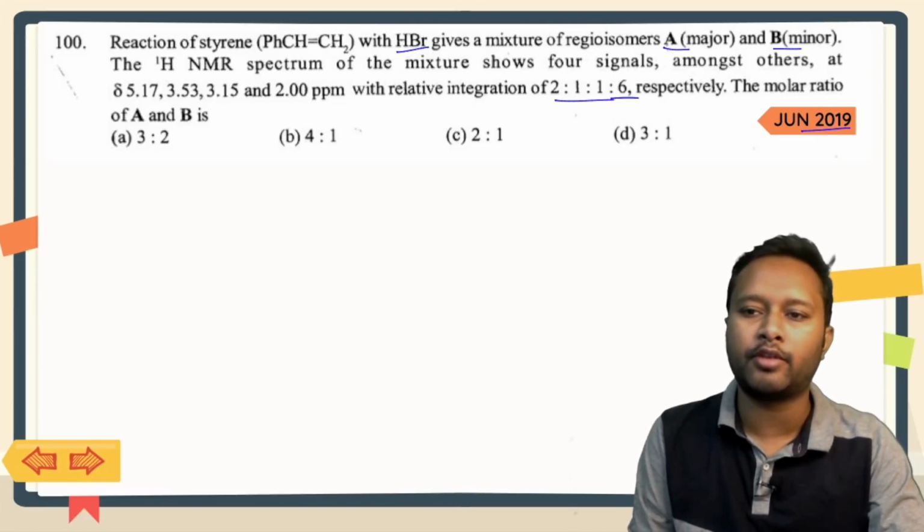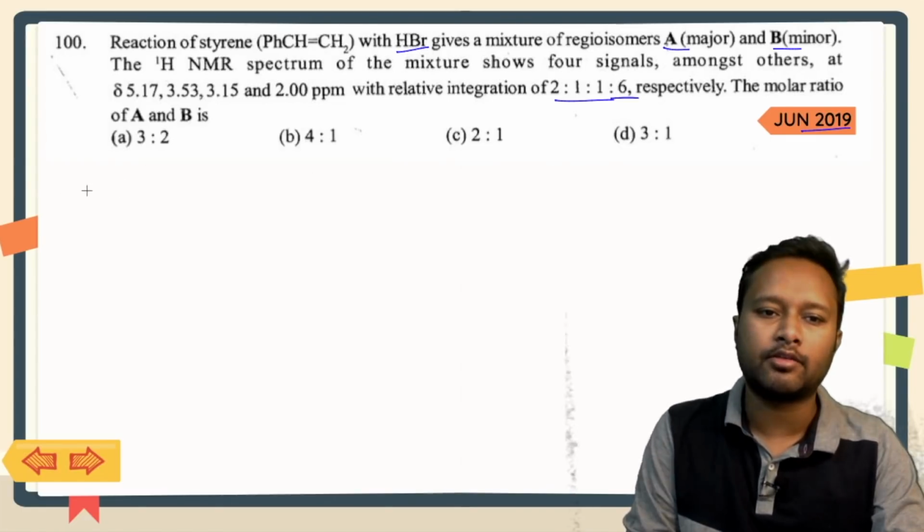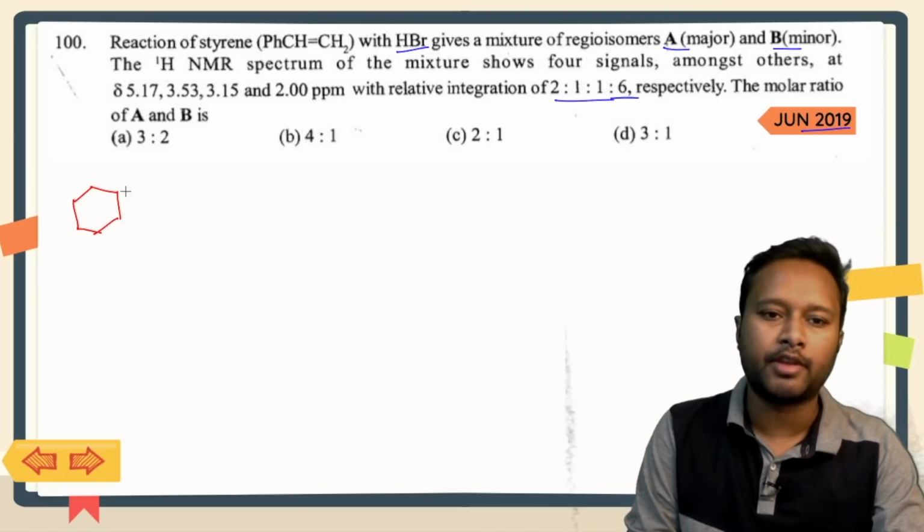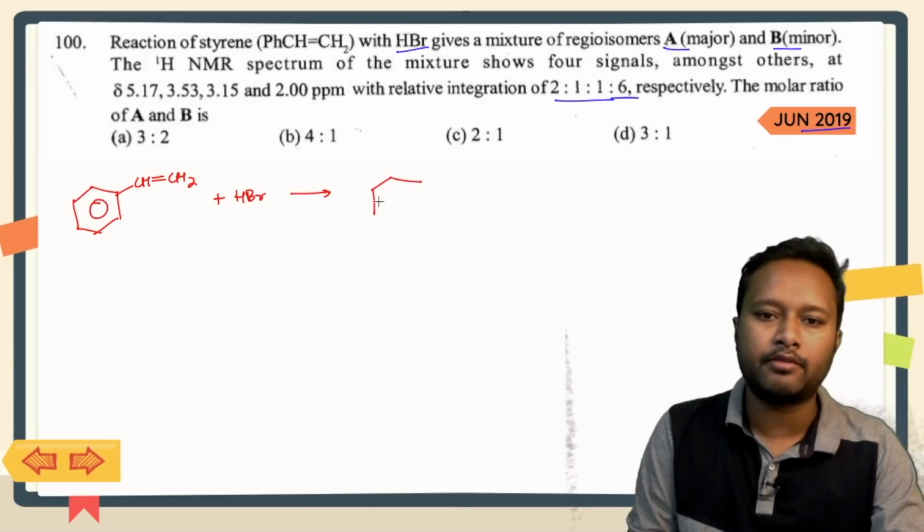So first of all you have to look at the reaction and what the products are. PhCH=CH2 is going to be this, this is your styrene, and when you are treating it with HBr, there are possibilities of 2 products which can be formed. The first one will be formed through the formation of the more stable carbocation, and that is going to be this.